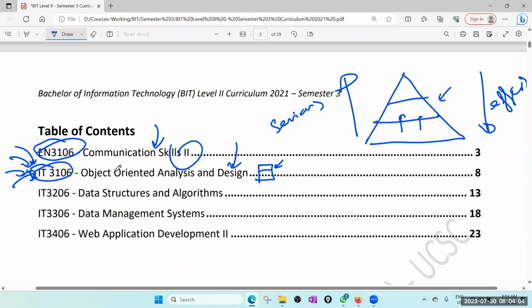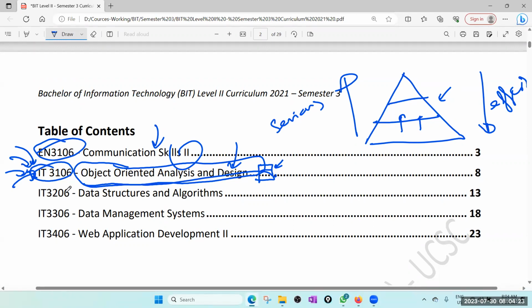This will cement your object-oriented programming skills and knowledge, and make it very strong.